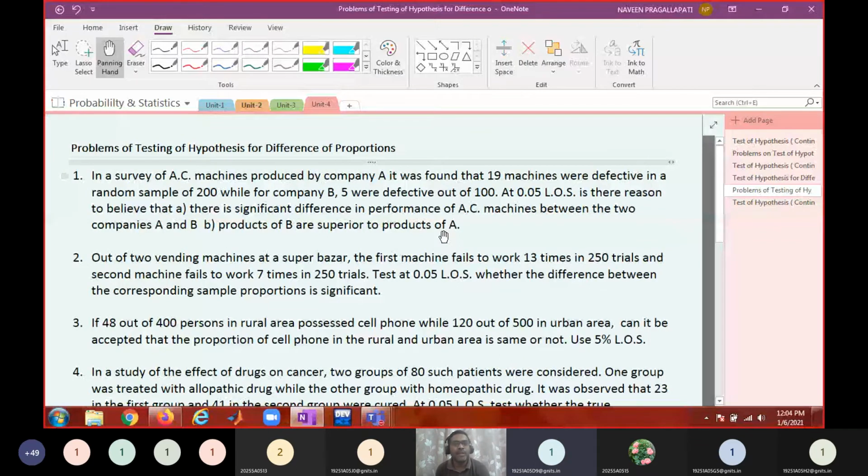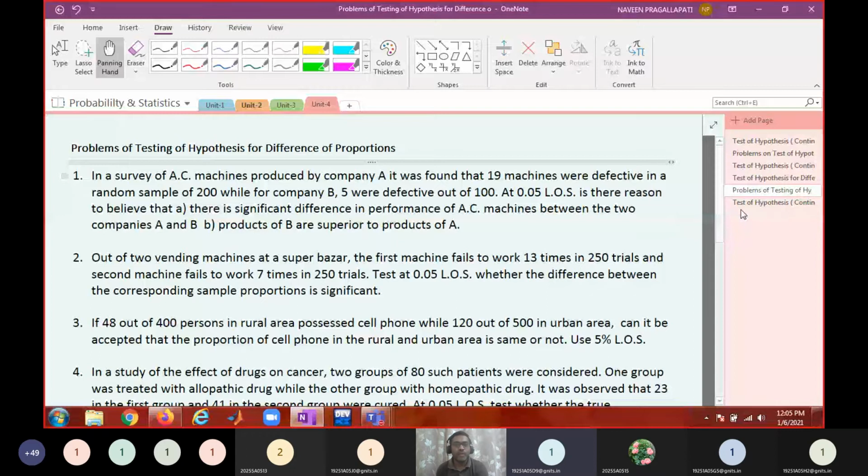And PA is the proportion of defectives, not non-defectives. Therefore, if you want the product of B to be superior to A, the proportion of defectives by B must be less than that of A. That means PB must be less than PA, that is, PA must be greater than PB. Do you agree? Yes, sir.